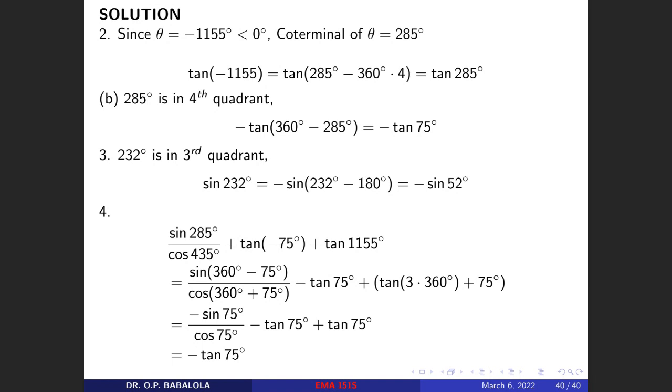If you have sine 350, which quadrant would that fall into? I'm asking Talenta now. If you are to look for 350 degrees... yeah, so that's it.